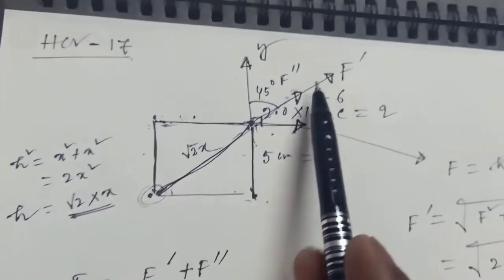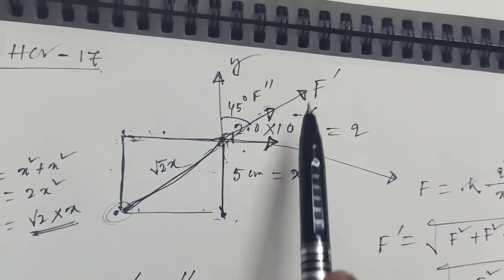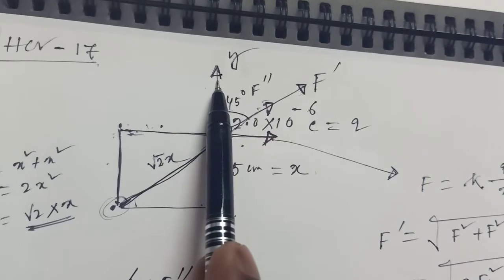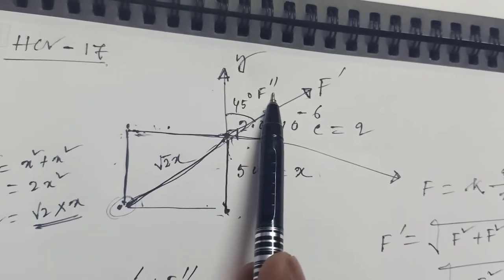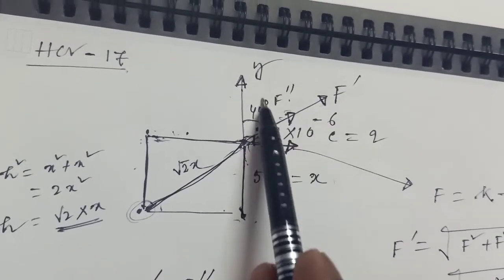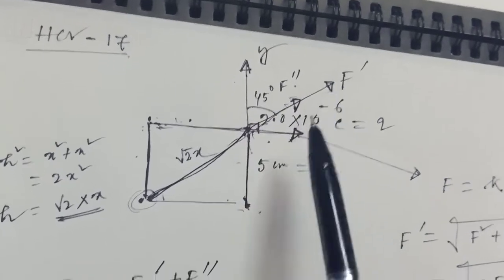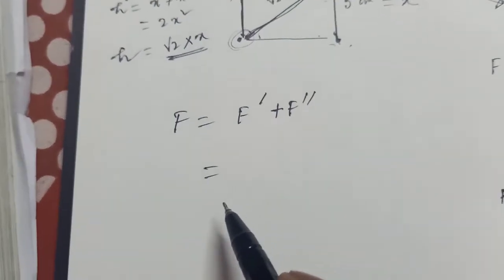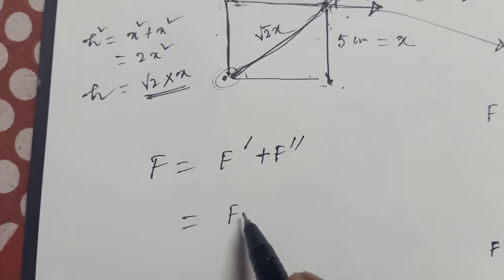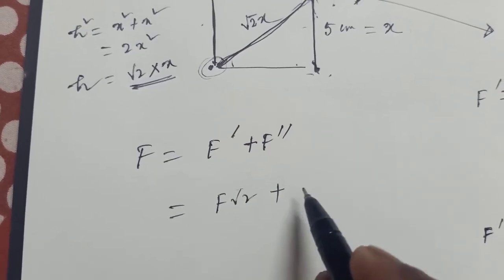F dash means the resultant of these forces, and F double dash is this particular force, so we have to add them, F dash plus F double dash. So F dash equals F root 2 plus F double dash means y by 2.